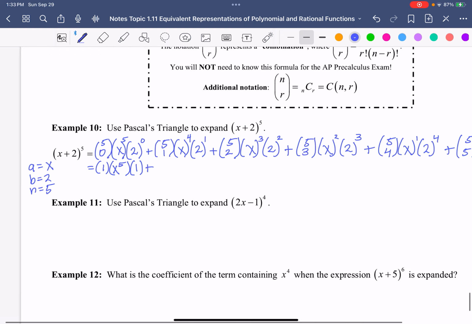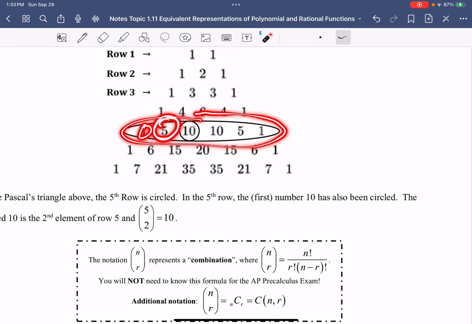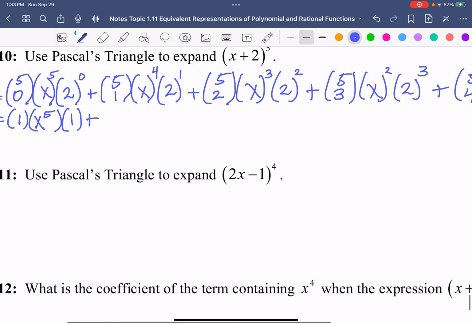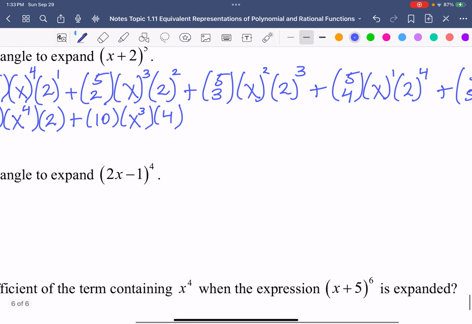For 5 choose 1, you go to the 5th row and the first element. This is the 0th element, so 5 choose 1 is 5, times x to the power of 4, and 2 to the power of 1 is just 2. 5 choose 2 is 10 times x cubed times 4.